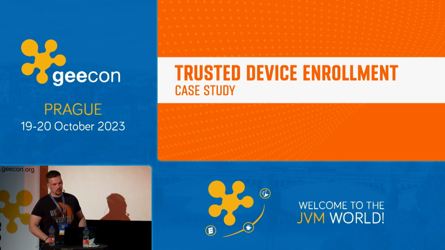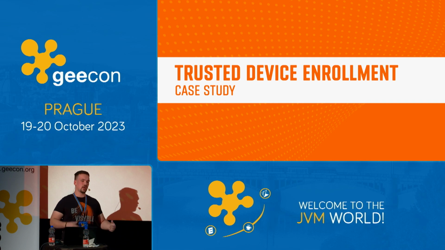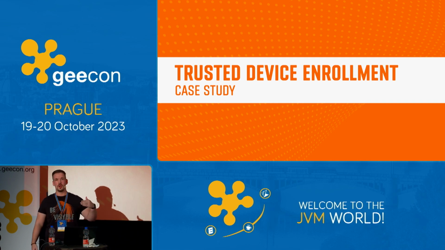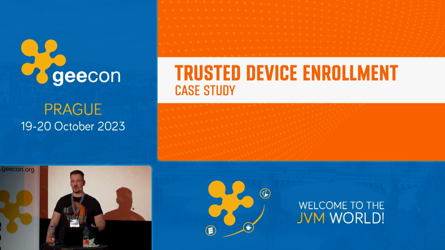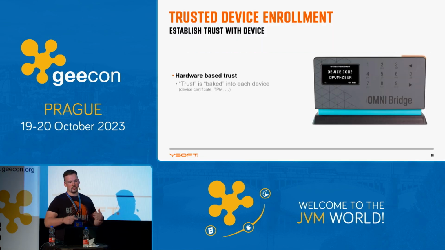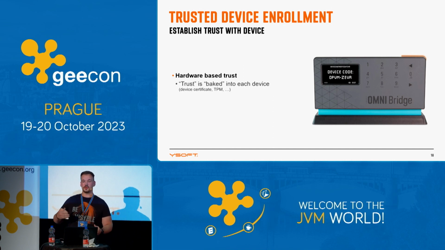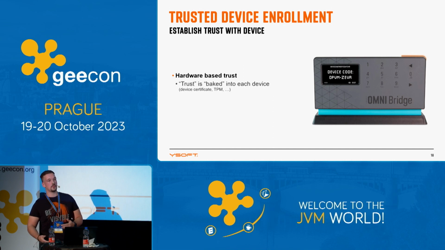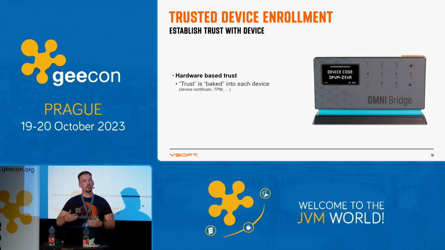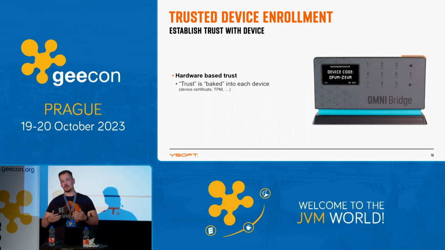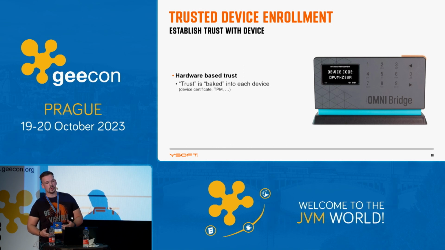And this brings me to trusted device enrollment, which is kind of a short case study of what we've been doing over the past few years, and it all boils down to establishing trust with the device. When you are in a zero-trust environment, you need to communicate with such devices where you are, for example, performing the device code flow and so on. You want to have some measure of trust that the device that is really connecting, you can trust it.